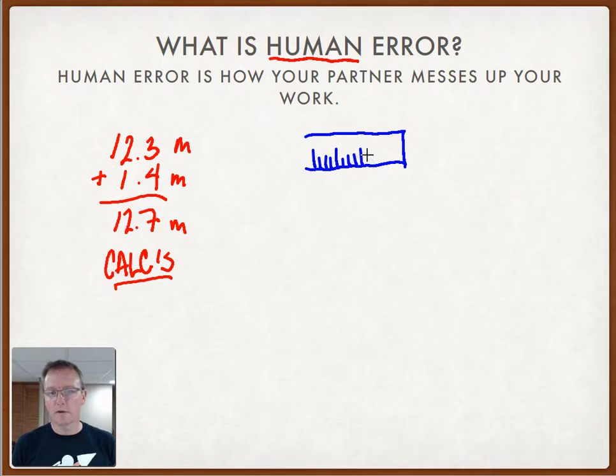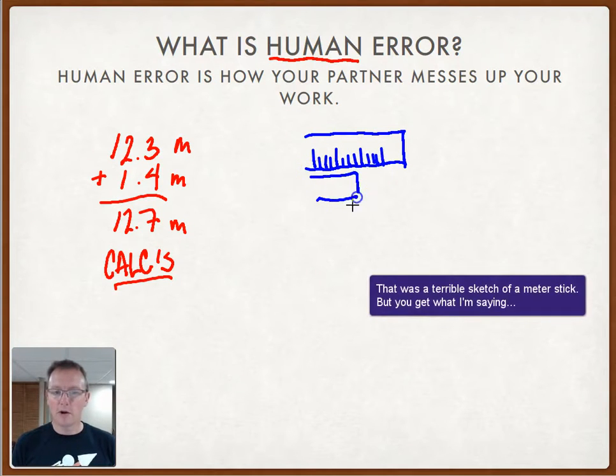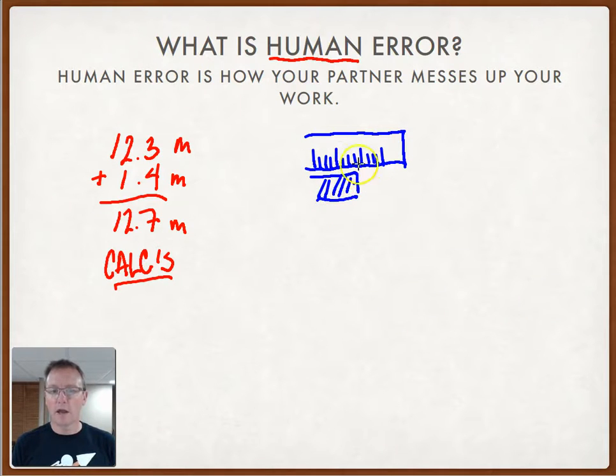You get the idea. And you try to measure out your object like that, and you just misread it. So human error could be misuse of the tools. So those are the two big areas where you might have some problems.